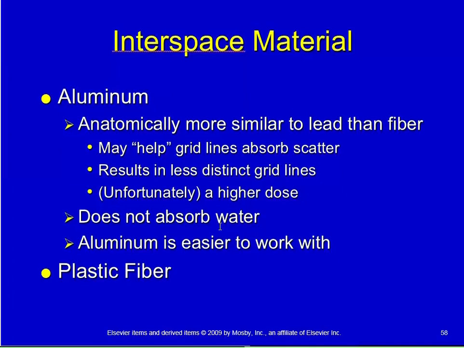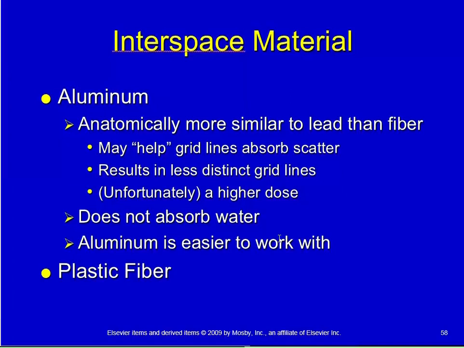And then you start to think about things like hydrostatic pressure. If you've got a patient who, I don't know, has a bleed, or let's say they've got a bladder control issue, and you get some moisture in your grid, and your grid's got a crack in it, and the moisture gets into the crack, and you've got paper interspace material, hydrostatic pressure will push those grid lines apart and mess up your grid.